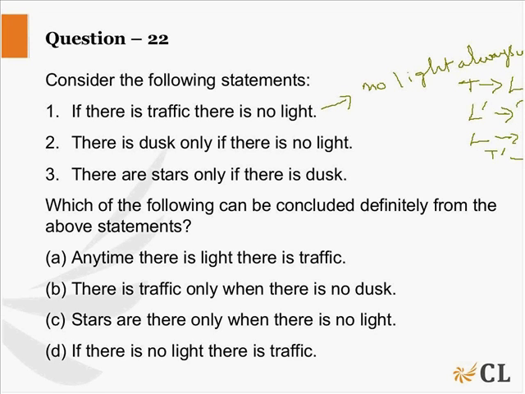But if I say there is light, there cannot be any dusk. Why? Because this is a condition which is necessary but not sufficient, whereas this condition is sufficient but not necessary.